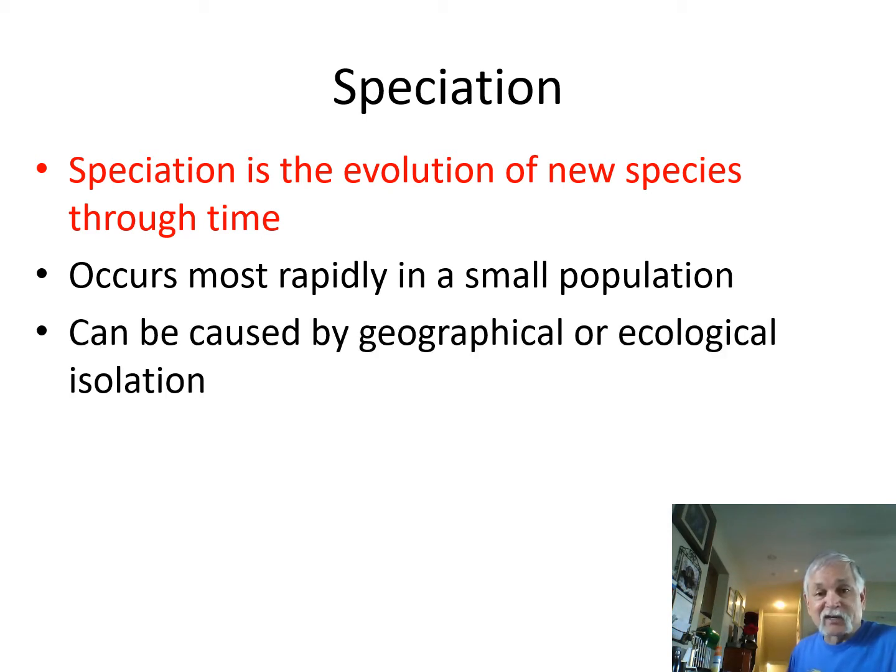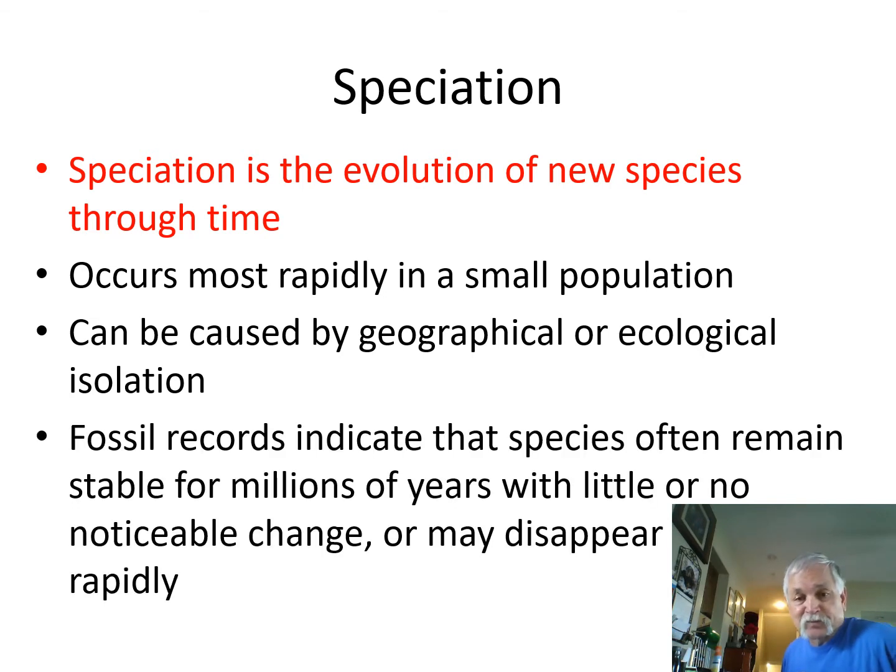Sometimes they can be caused by geographical or ecological isolation. We talked about how you can see these new species come through mutations if they're small and they're isolated from the last video that I did.